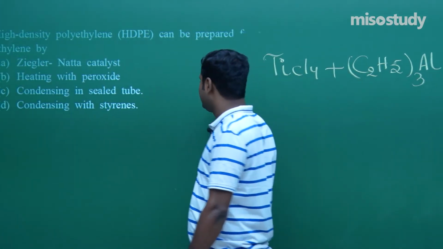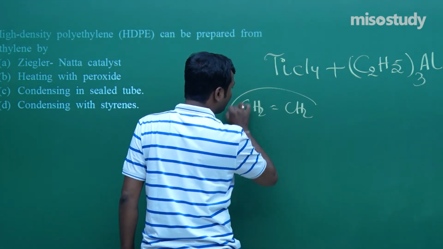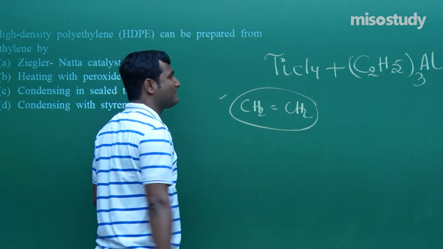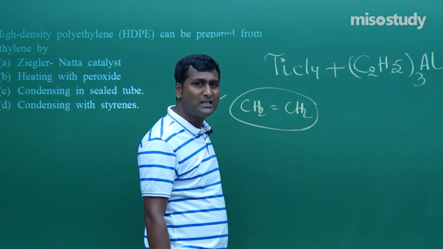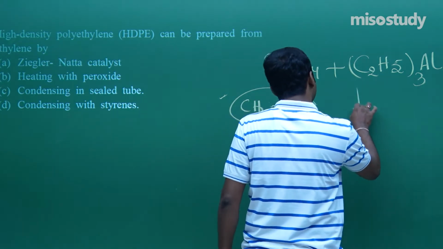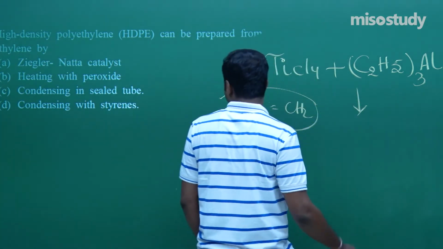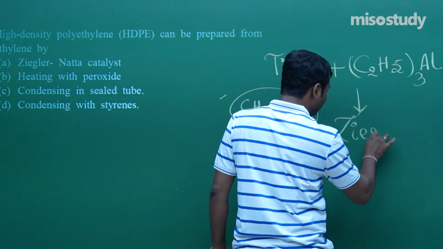Ethene is very simple, CH2=CH2, and it gives high density polythene by using TiCl4 plus (C2H5)3Al. Remember this one is known as Ziegler-Natta catalyst.